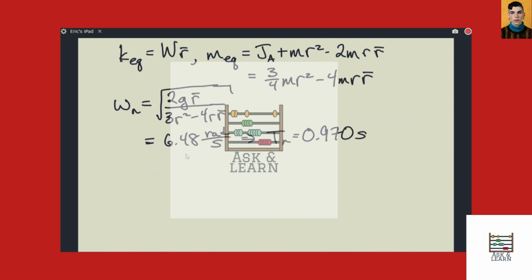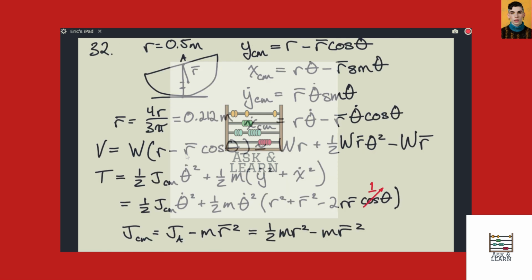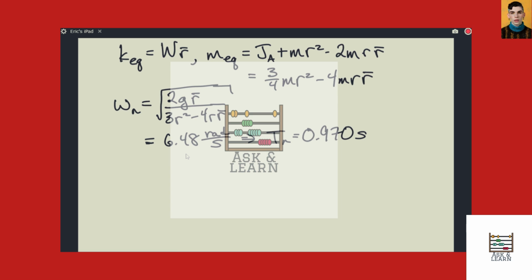If we look back, our equivalent stiffness is the constant between the 1/2 and the theta squared, so that's W times r bar. Our equivalent mass is the coefficient of the 1/2: we have 1/2 m_eq theta dot squared, and that turns out to be this expression.